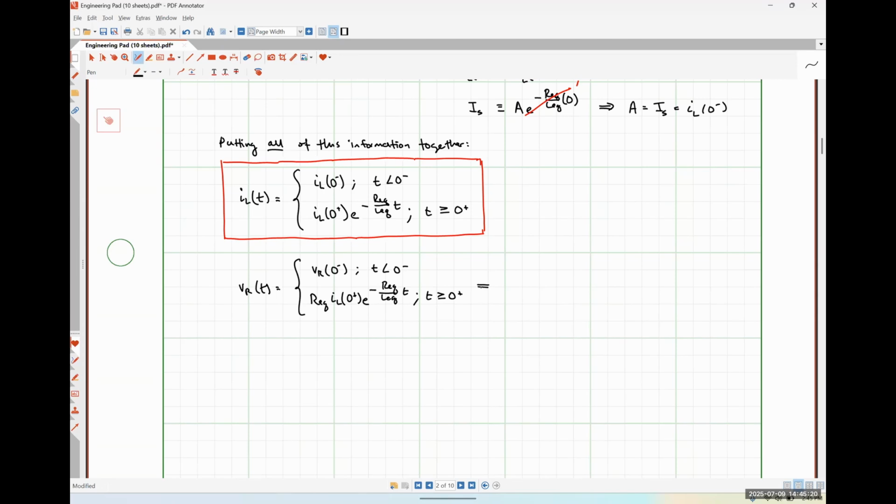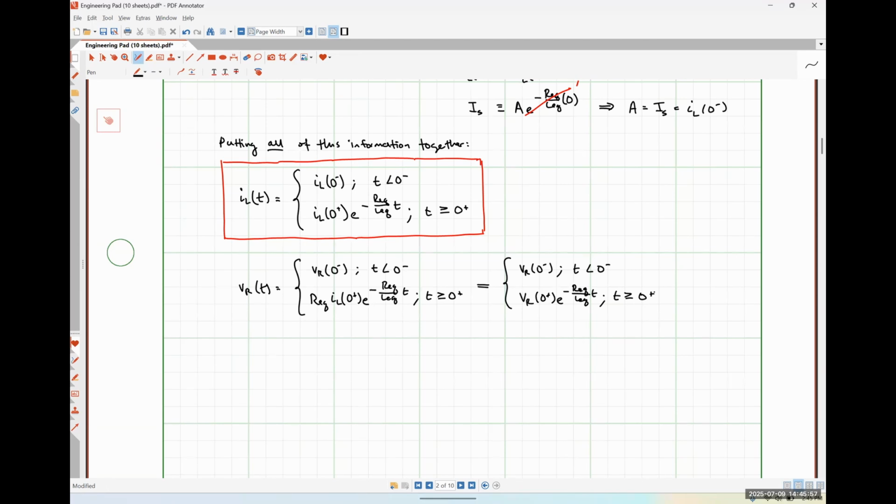So I could instead write this as VR at 0 minus for t less than 0 minus, and then VR at 0 plus, e to the negative REQ over LEQ times time, for t greater than or equal to 0 plus.